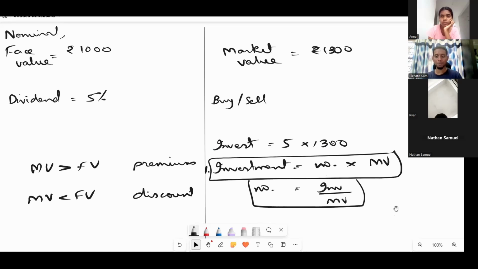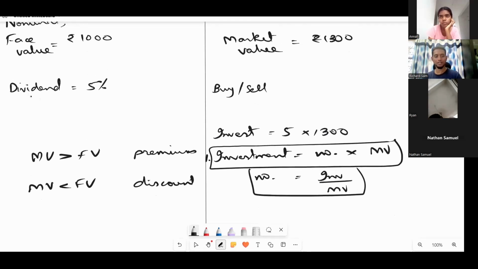Okay. The second formula is dividend. Now suppose the dividend is 5% and I bought 5 shares. Each share was 1,300 rupees. So 1,300 into 5. And how much dividend will I get in my hand? Not dividend percent; dividend percent we know, it is 5.